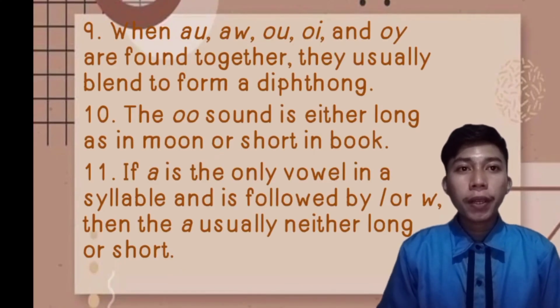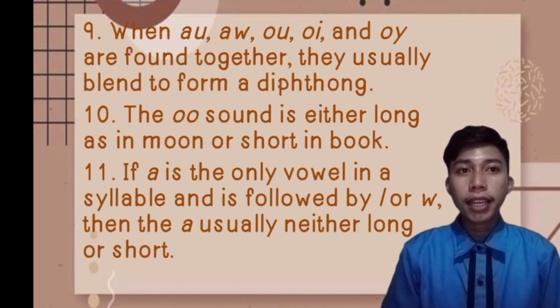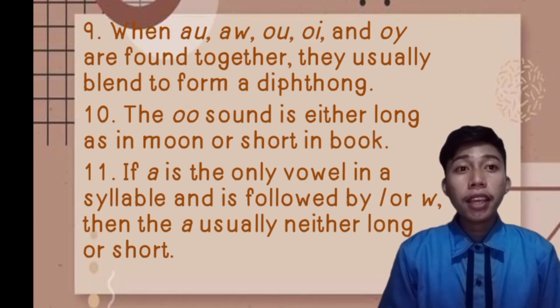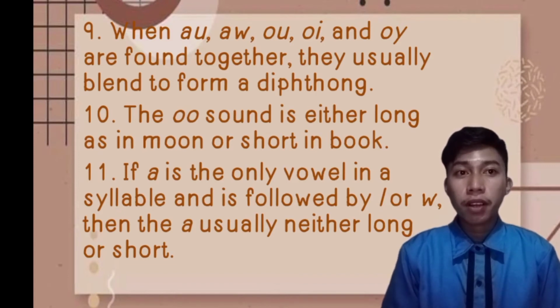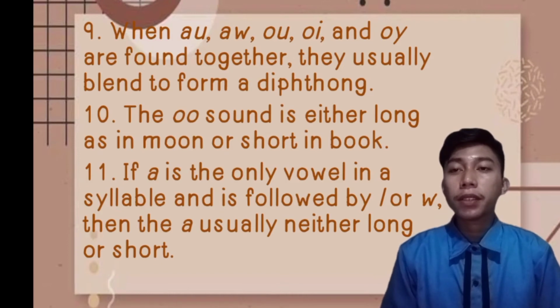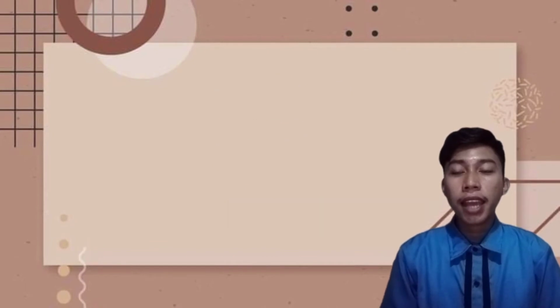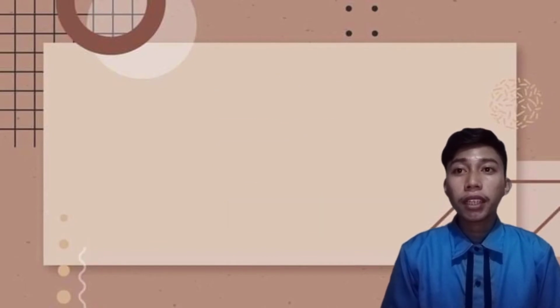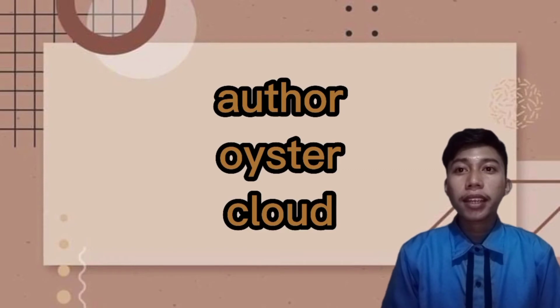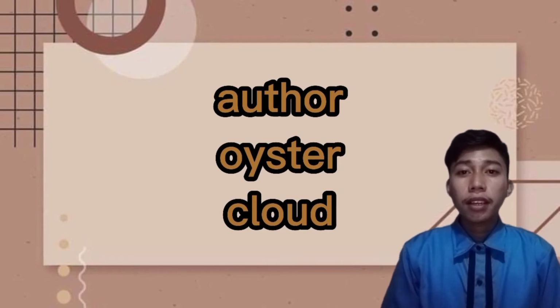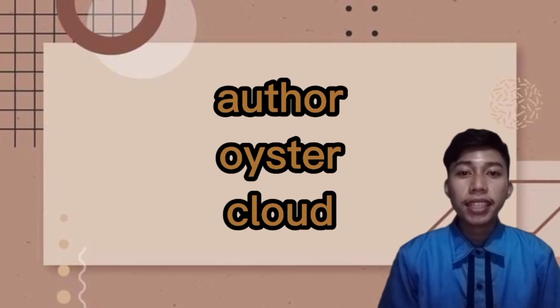When AU, AW, OU, OI, and OY are found together, they usually blend to form a diphthong. For example, author, oyster, cloud. So through the combination of the two vowels, a diphthong is created.